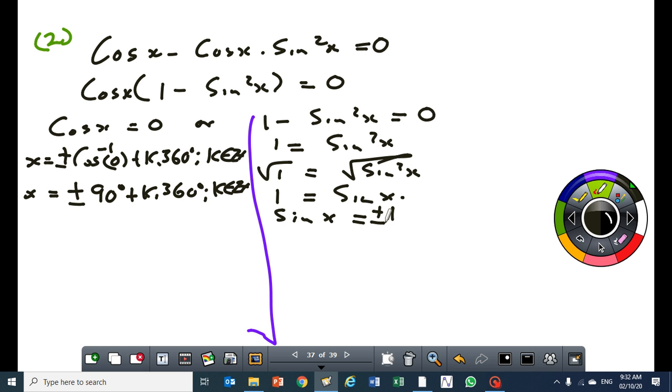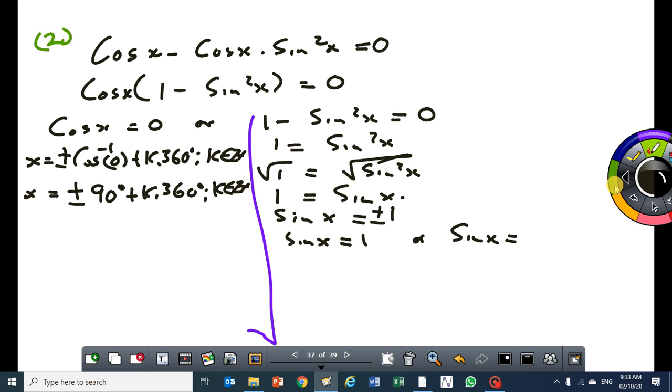Now I need to move on to those two. Okay? Please be aware that here there's a plus and a minus 1. So, since there's a plus and a minus 1, if I split that up, I can end up having sine x equal to 1 or sine x equal to minus 1. Okay?